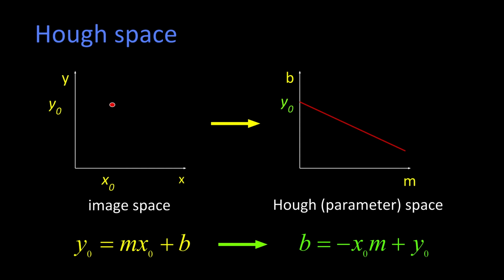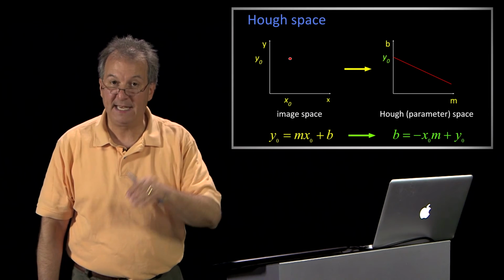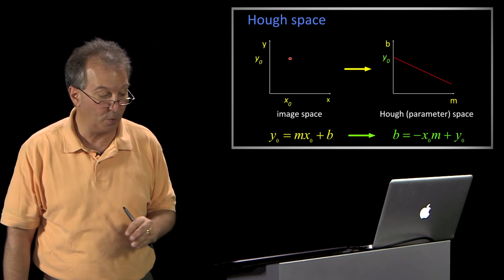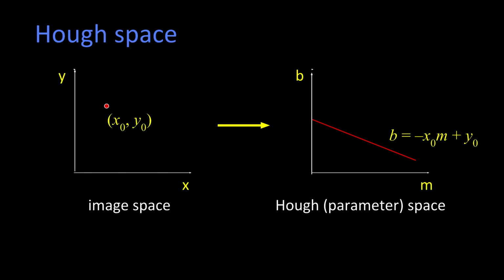Okay, so the idea here is that a point in image space is a line in Hough space. This is the duality. Well, if we have one point, what happens if we have a second point, x1, y1? Well, that's going to be another line, right? That's going to be a line with b equals minus x1m plus y1. And so now here's the really cool question.